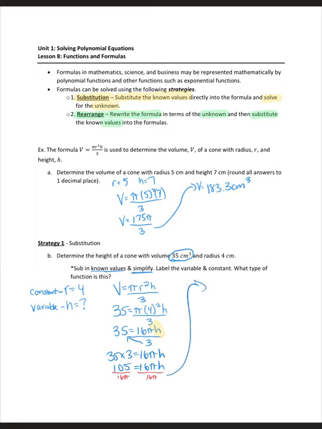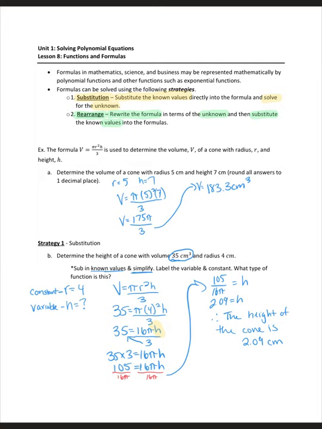So we'll have 105 divided by 16 pi equals h. If we were to calculate 105 divided by 16 pi, we'd get 2.09 equals h. Therefore, the height of the cone is 2.09 centimeters. But let's go back and answer that question that was asked of us.